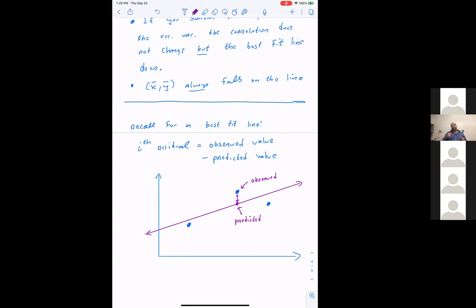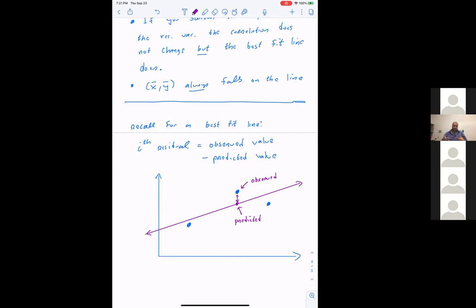The reason I didn't want to do it earlier is because earlier I didn't actually have a best fit line. I had the observed points, and then I had my guess for what my best fit line was, but we hadn't yet definitively established it.